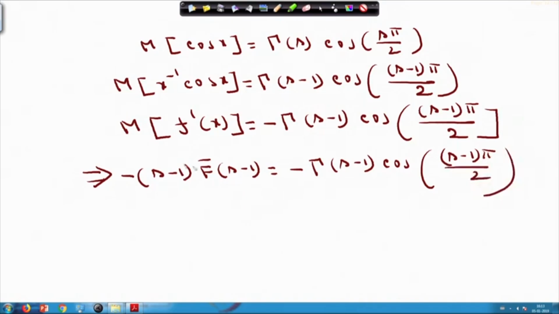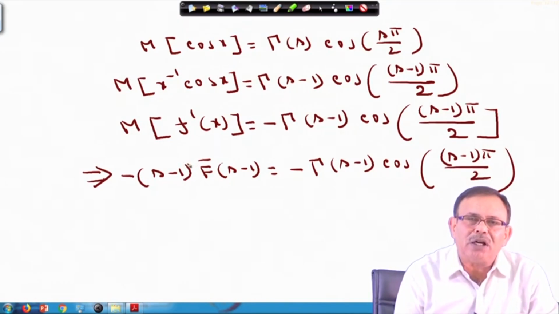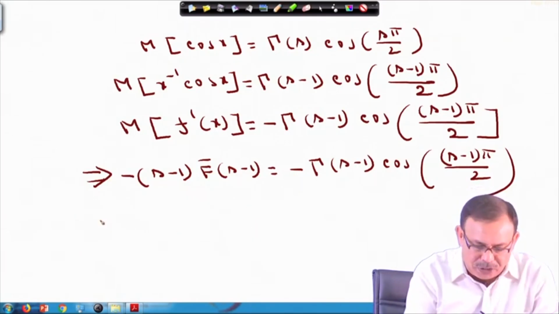I am not explaining the left hand side, because in the last example I have explained that using the derivative property, the Mellin transform of f dash x equals minus s minus 1 into f bar s minus 1.